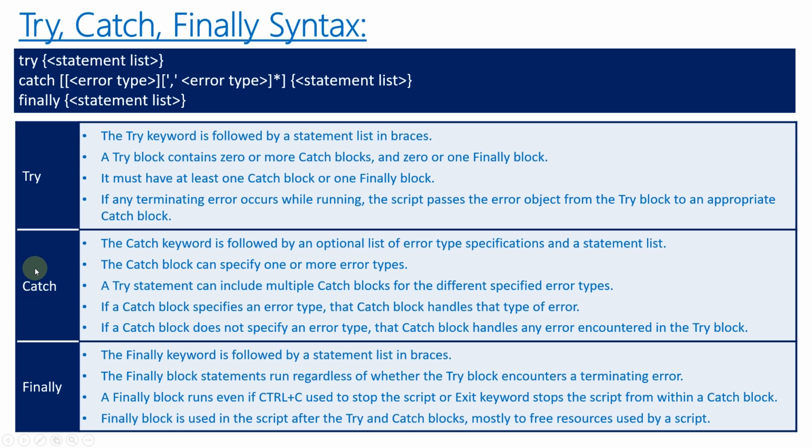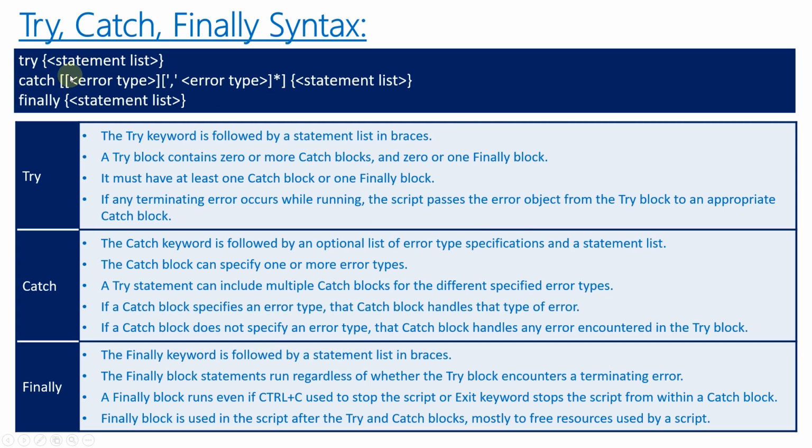Now we will understand the catch block. A catch block is followed by an optional list of error type specifications. Either we can use it or ignore it. After that comes the statement list enclosed in braces. This is the syntax of the catch block. A catch block can also specify one or more error types.